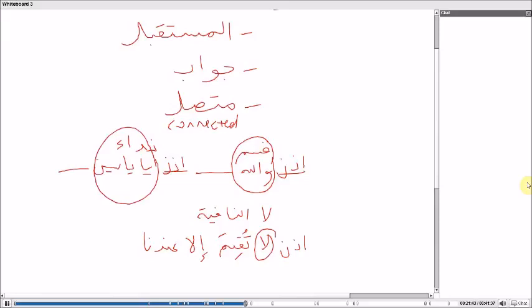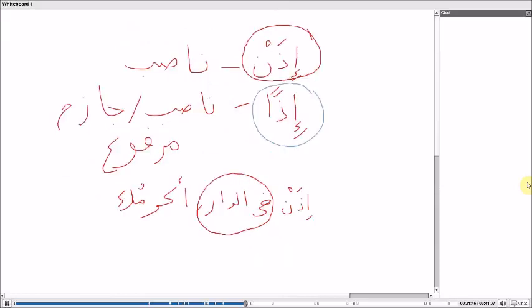But if I add another one in there, like we said over here, idhin fiddar akramuka, this harf jar now, since I added a phrase in there, a shibh jumla, which they say it's like a phrase, shibh jumla, then it's going to prevent the nasb. Right?